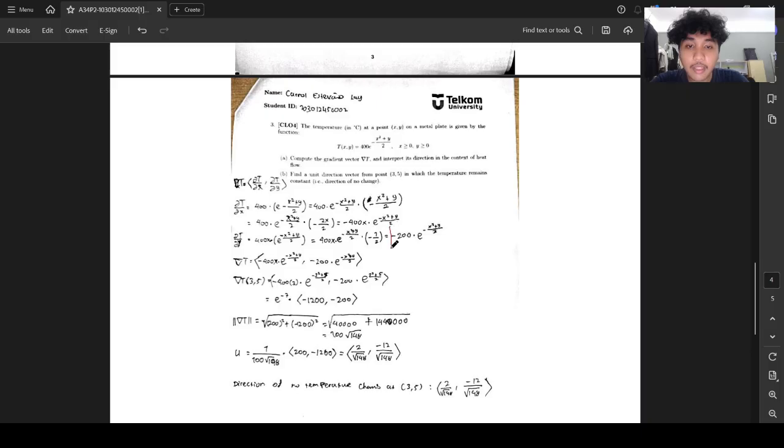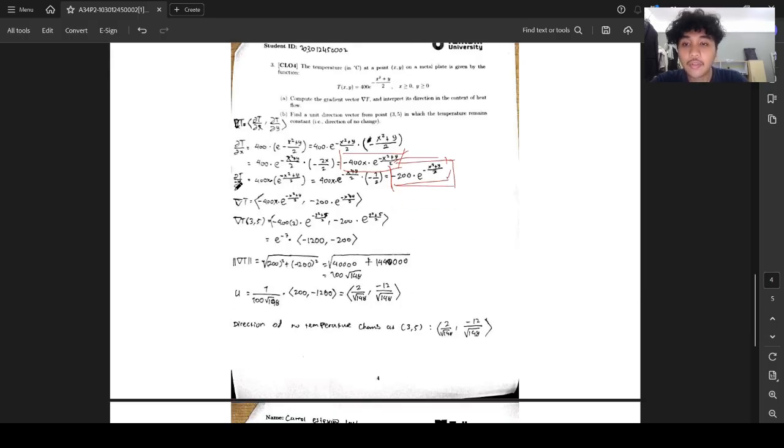So here's gonna be the final value of the fx, and it will be the same for fy, the derivation with respect to the y. Here we also use the same method, the chain rule, and here's the value that we got.